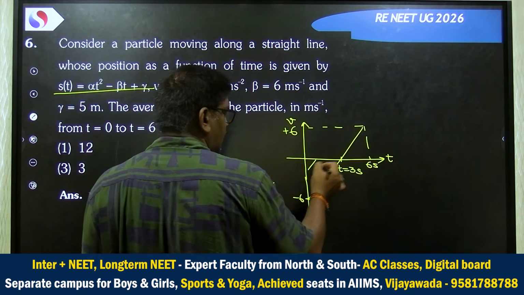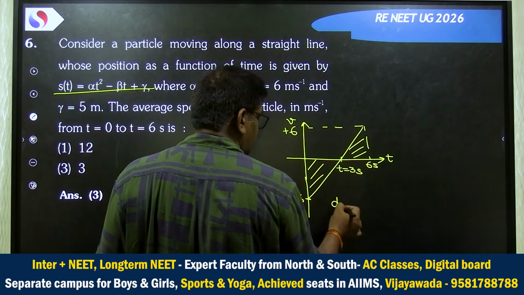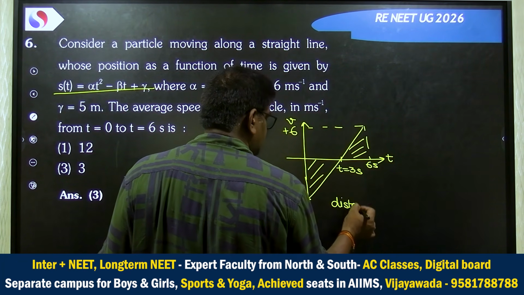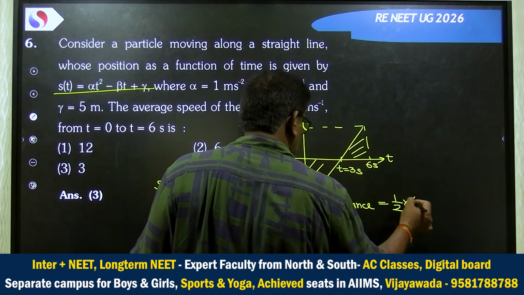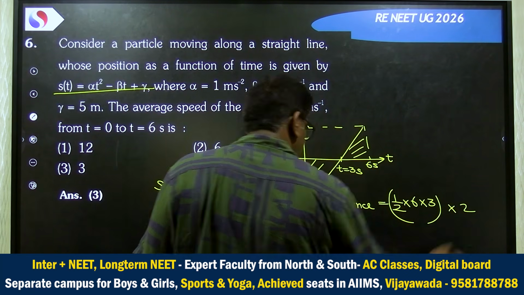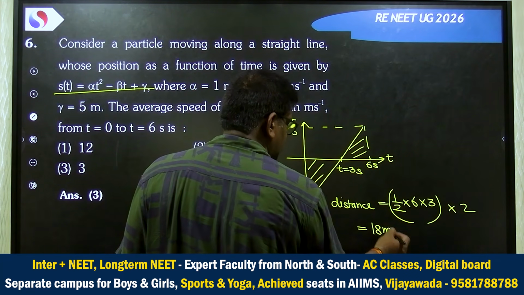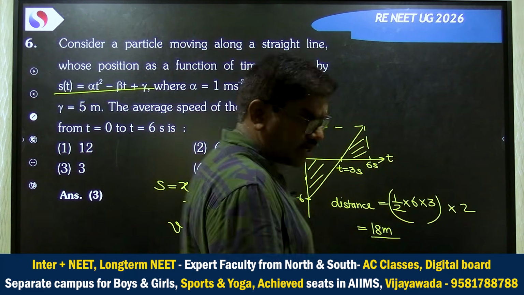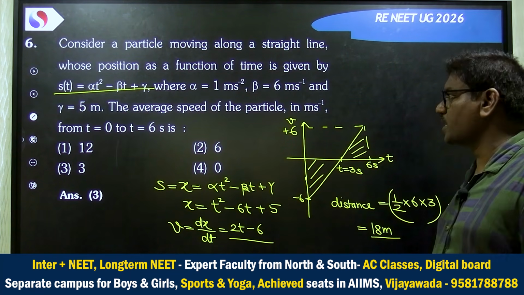If I calculate this area and take its magnitude only, I get the distance. So the distance is half into 6 into 3. That is the area of one triangle. Both are symmetrical, upper and lower, so this will be into 2. That means 18 meters is the total distance traveled by this particle in the 0 to 6 second period.